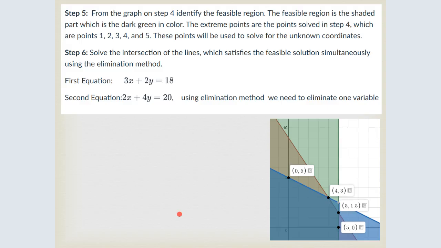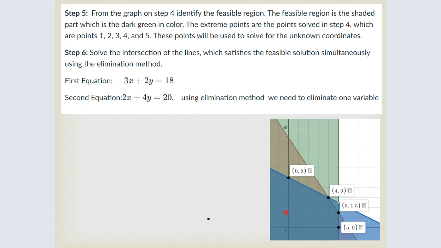So what we are going to get here is the feasible region and the corner points. The feasible region is the intersection of the solutions for the three shaded regions, and then we have the non-negativity.